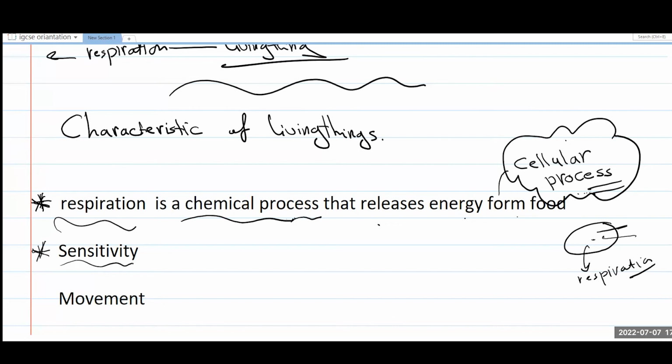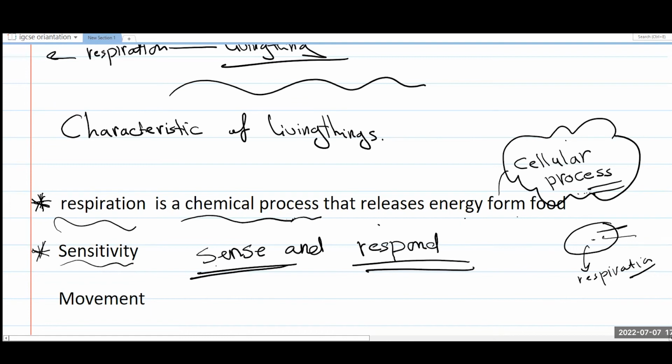Sensitivity: I have to sense, and respond. It is the process of sensing a stimulus and giving appropriate response, right?